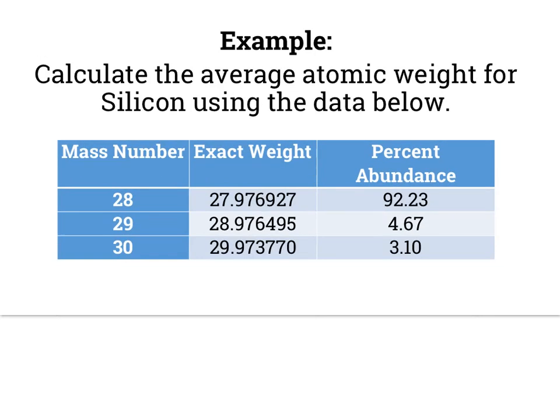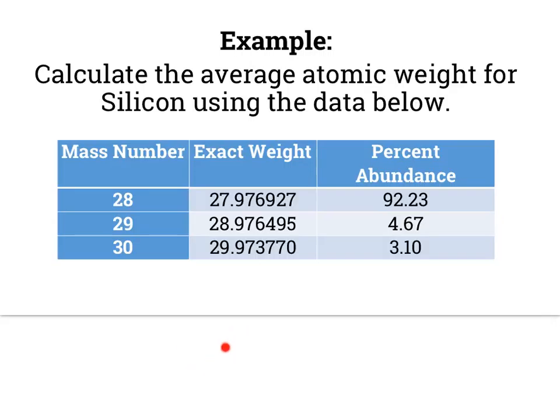All right, here's the atomic weight for silicon that I'm asking you to find. There are your mass numbers, along with the exact weights they found. Here's the abundance. Find the average atomic weight. All right, multiply that out.